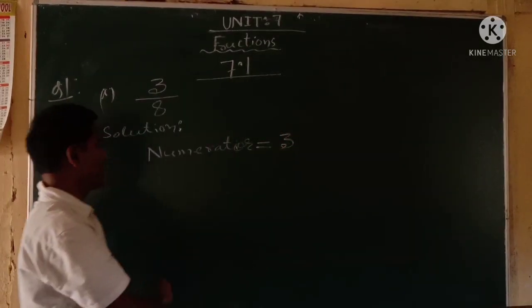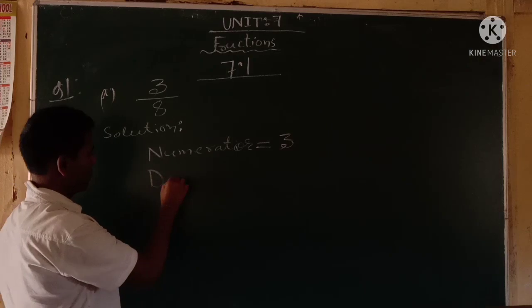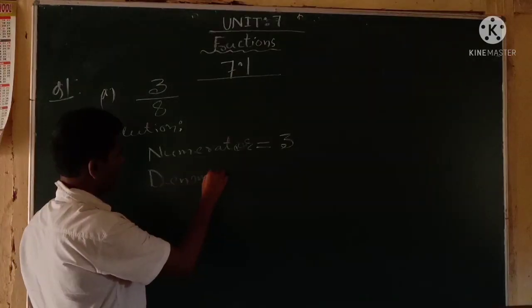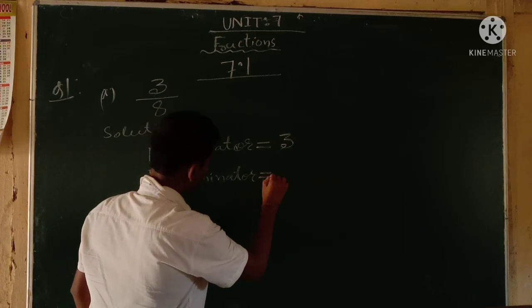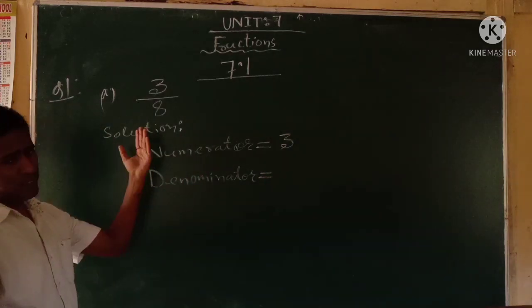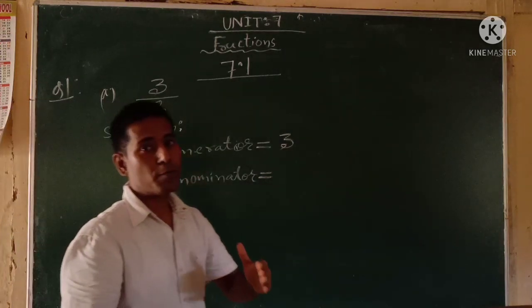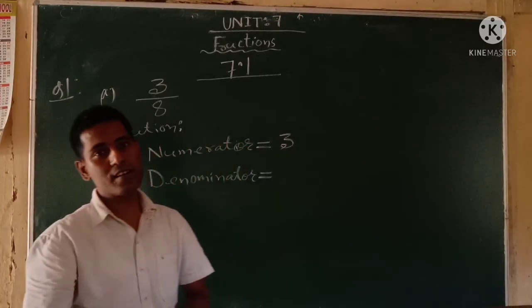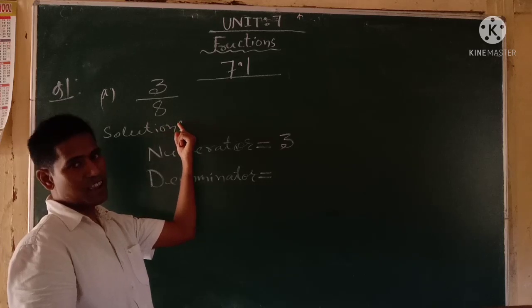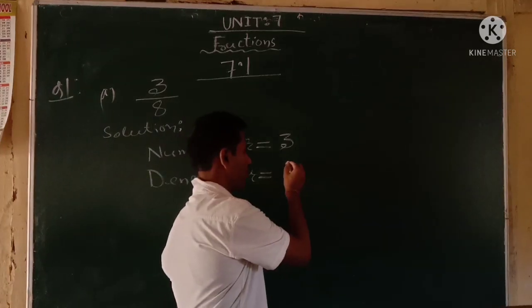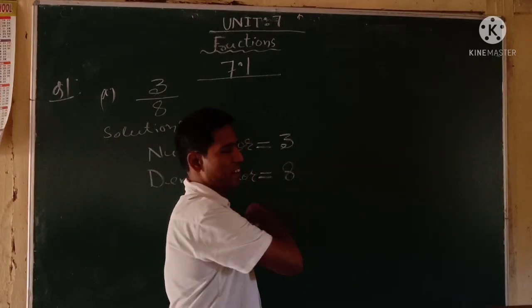Now the denominator: the number below the bar is called the denominator, and the number below the bar is 8, so our denominator is 8.